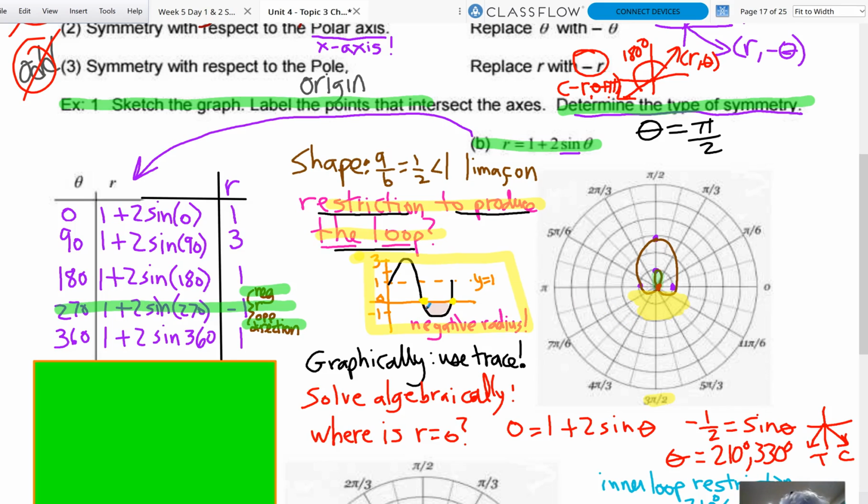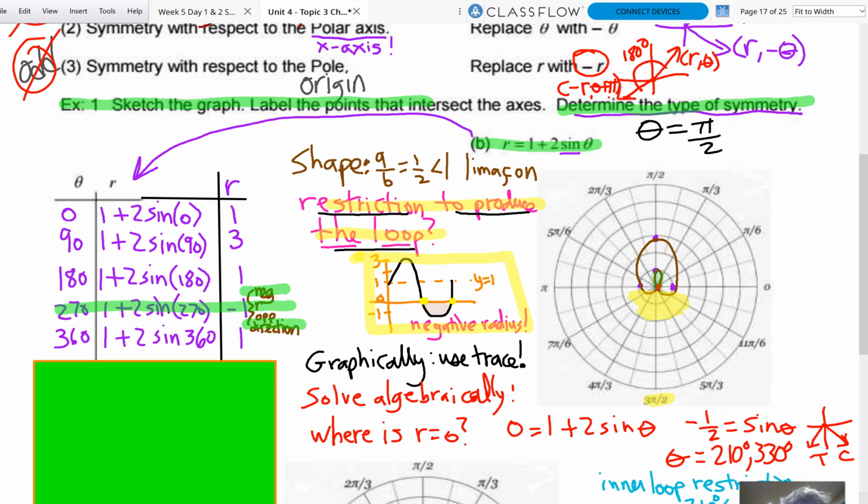You could not put your calculator in polar mode, and you could just put that equation in y equals 1 plus 2 sine x, and you could find the intersections, and then you could figure out what the restrictions are that create that inner loop. When I say restrictions, I mean between what theta values, between what angle measurements in degrees forms that loop.